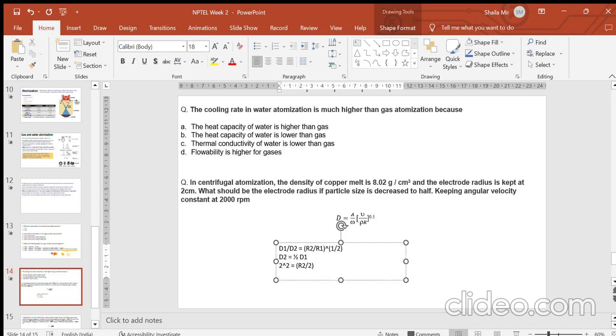So we have 8 centimeter, the radius of electrode. So that means if we are trying to decrease the particle size to half, then we have to also change the electrode radius. We have to increase the electrode radius to 8 centimeter.